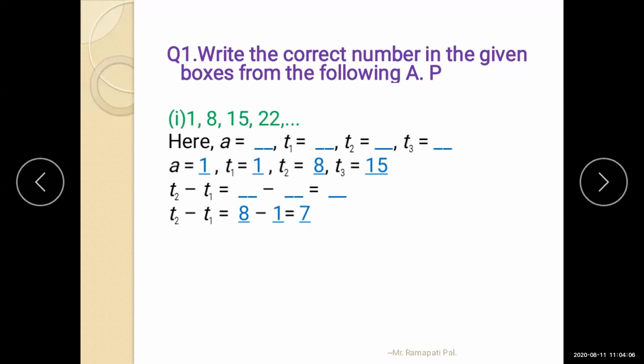Okay. Next. T3 minus T2. T3 minus T2 is 15 minus 8, which is equal to 8. Many of the students have their fingers only on the keyboard or the mobile.